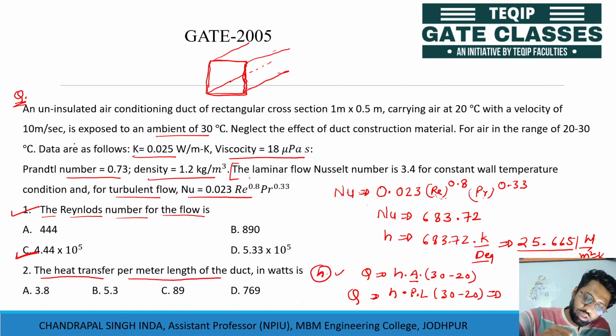So this L can be transferred to the left hand side. Let's find the value, and the perimeter will be 2. So the answer will be 769, and option D is correct.